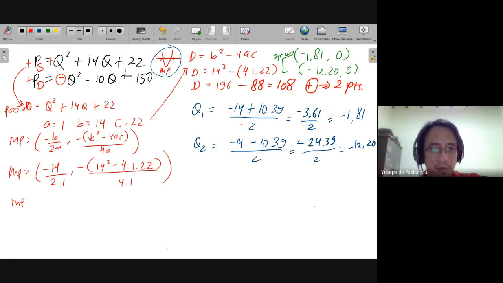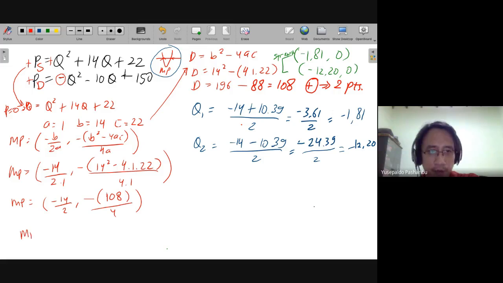So my maximum point is minus 14 divided by 2 with this one. 14, this one. 169 minus 88, 108 divided by 4.